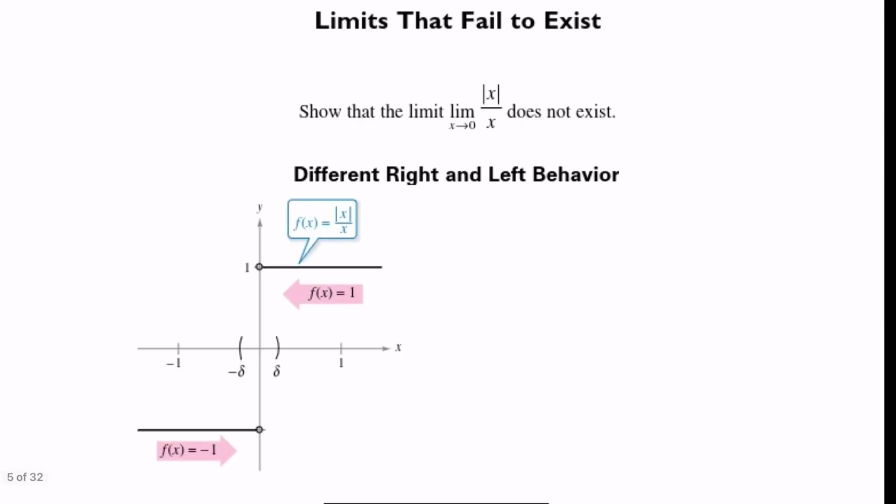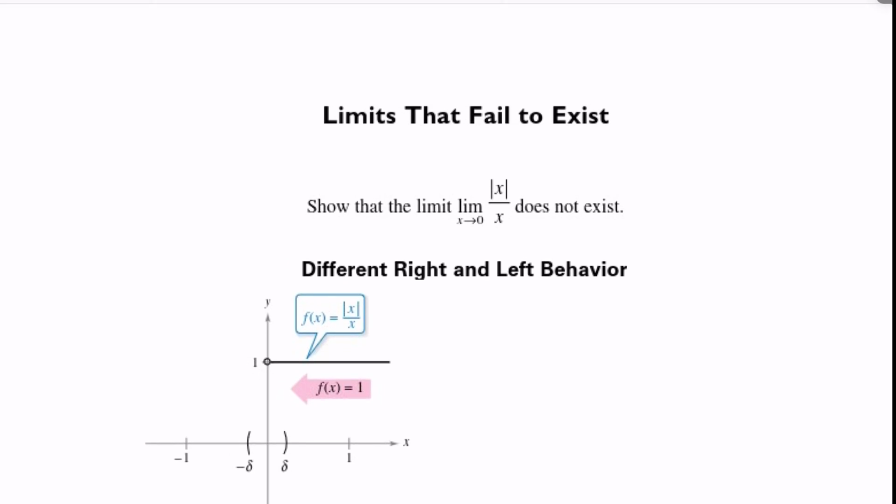And the next point is, when does a limit fail to exist? Limits that fail to exist. When do we say the limit does not exist? As we saw earlier, we say the limit does not exist when the limit of f of x as x approaches c from the left is not equal to the limit of f of x as x approaches c from the right.